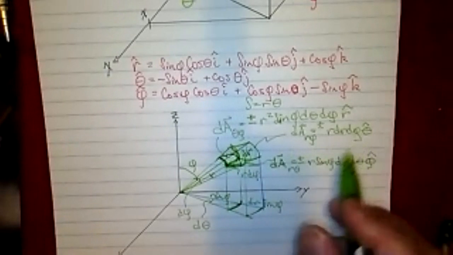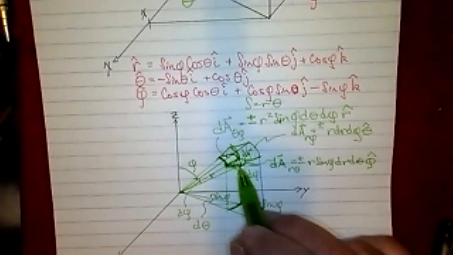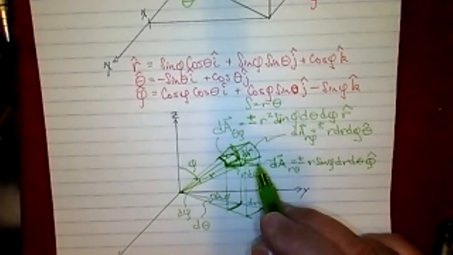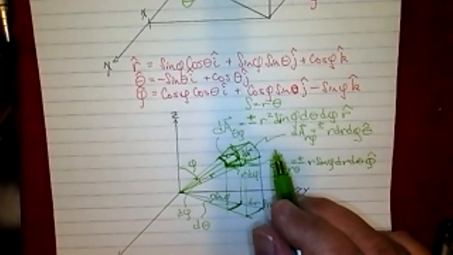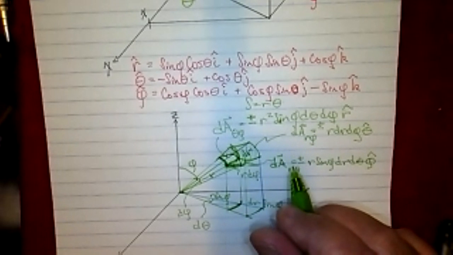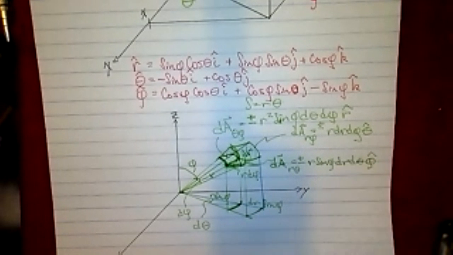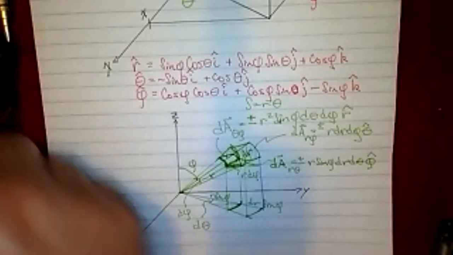So it's a little bit different, but if you actually worked out the math, you would find that the difference between this and an actual rectangular solid is of the order of dr cubed, r dr d theta, d theta cubed, d phi cubed, and so on. So they're at least third order in differentials, and since you take the limit as the differential goes to 0 to do an integral, it's certainly okay to deal with that.